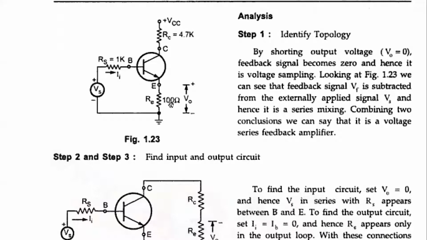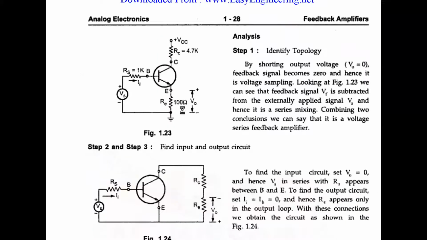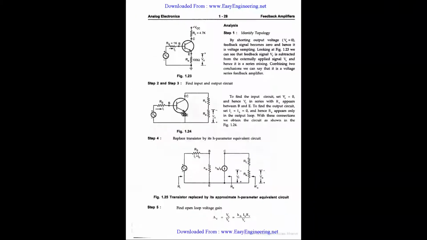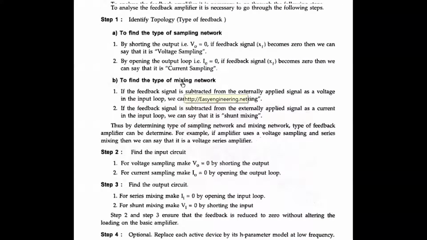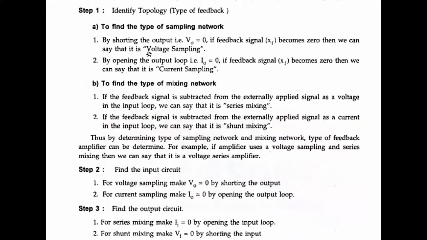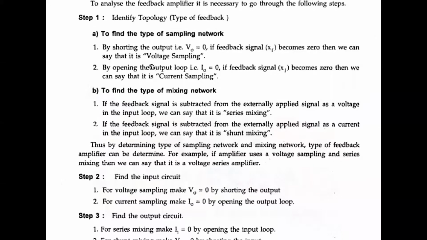Hence, it is voltage sampling. When we short circuit the output, if the feedback signal becomes 0, then it is voltage sampling.